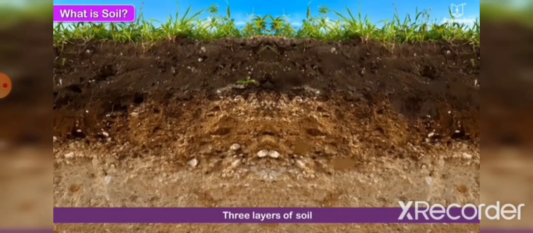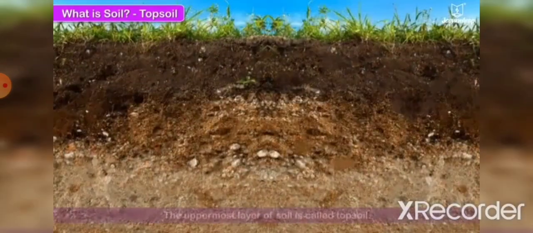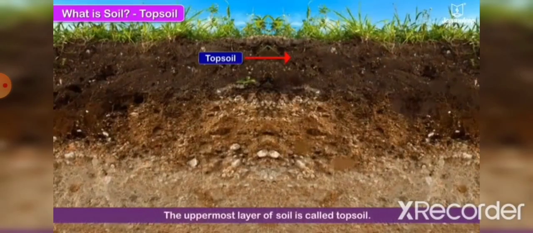So today we are going to study the 3 layers of soil. First is topsoil, second is subsoil, and the third one is the rocky layer. What is soil? About topsoil we will study.